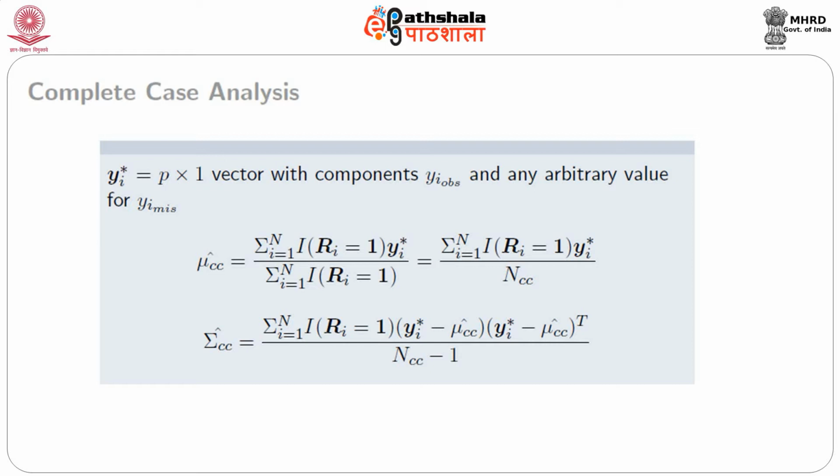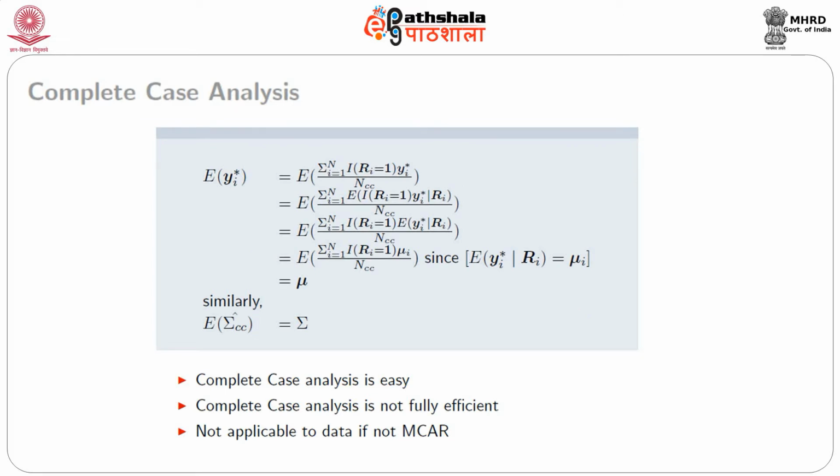Similarly, sigma hat CC comes out to be the sum of yi star minus mu hat CC times yi star minus mu hat CC transpose, but the sum is over all those yi's for which the condition Ni equal to p is satisfied, and the divisor in this case is NCC minus 1.